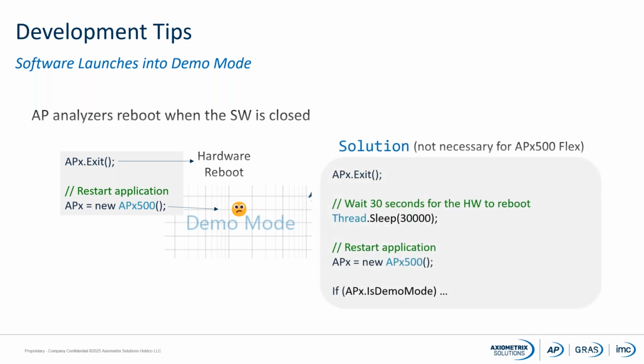So the way to prevent that is to add at least a 25 to 30-second wait period after the exit before you restart APx. And I would also recommend that you make use of this is demo mode flag as a kind of safety net. That way, if it did launch into demo mode, you could catch it and then exit the process and restart.